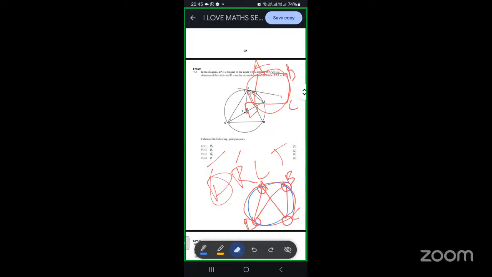Yes, as long as those 4 corners of that quadrilateral touch the circumference, that is a cyclic quad. Okay, are you now answered?